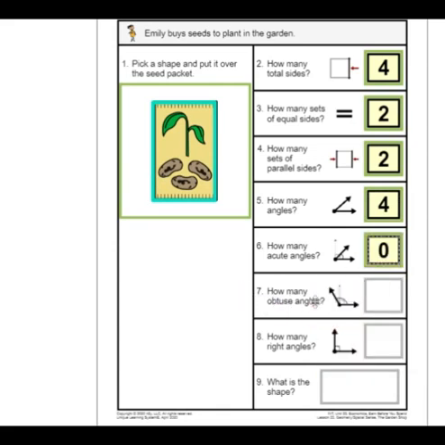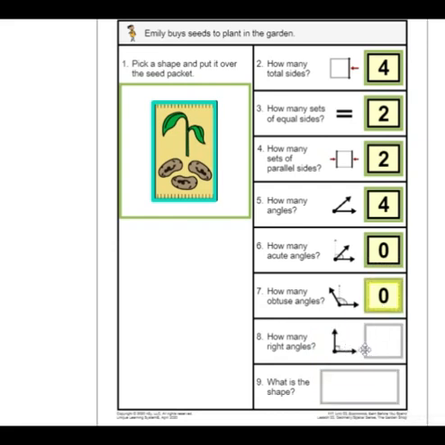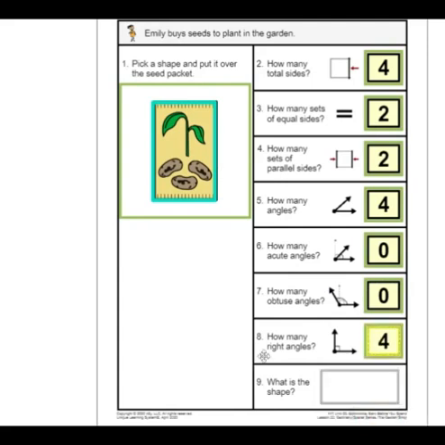How many obtuse angles? They're all right angles, so 0. 0. Now, how many right angles? 1, 2, 3, 4. 4 right angles. 4. And what is the shape? It's a rectangle. Rectangle.